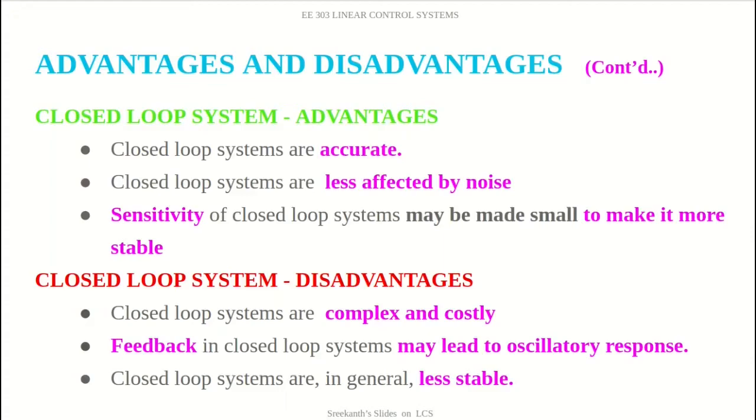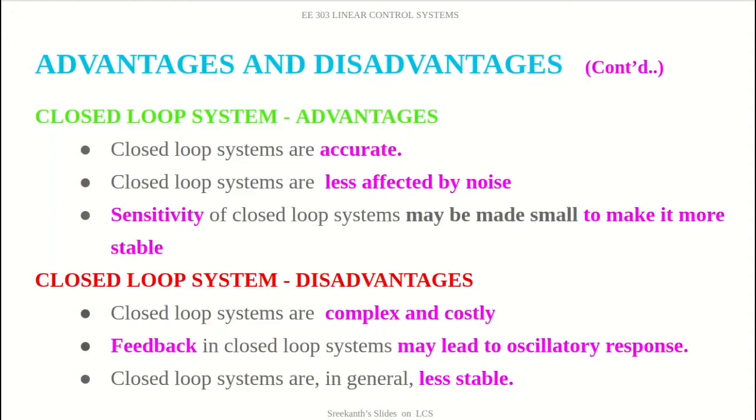Moreover, since we have to provide sensors and feedback path, closed loop systems are complex as well as costly. Now when we provide a feedback, there is also a possibility that an oscillatory response can occur. This issue doesn't occur if it is an open loop system.